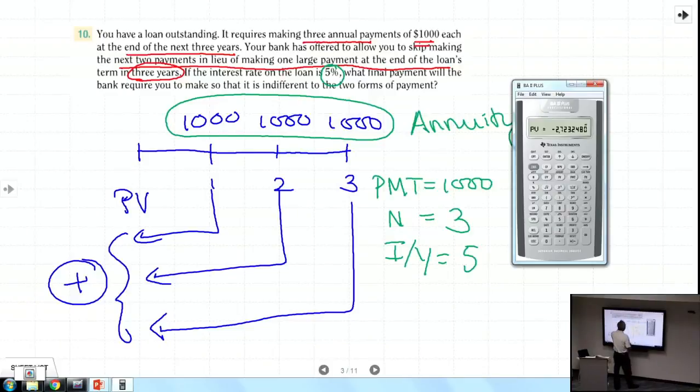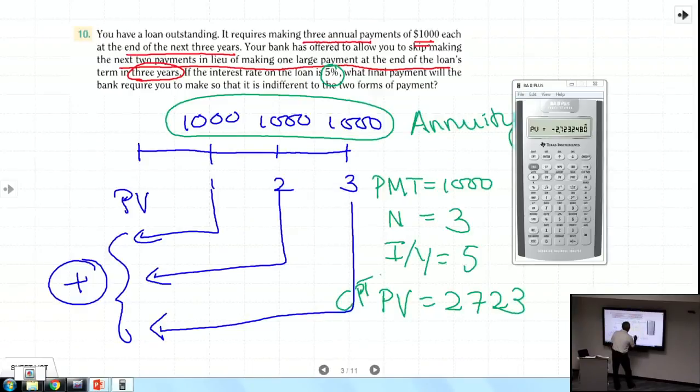So the present value of these three cash flows is 2723. Present value is 2723. This is what I computed. So that's one choice I have.